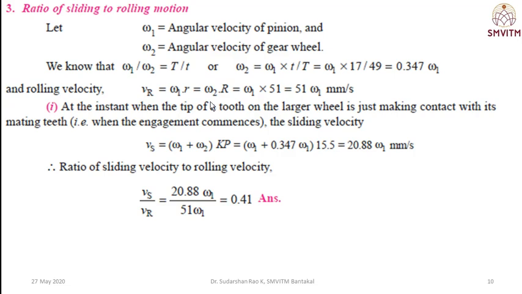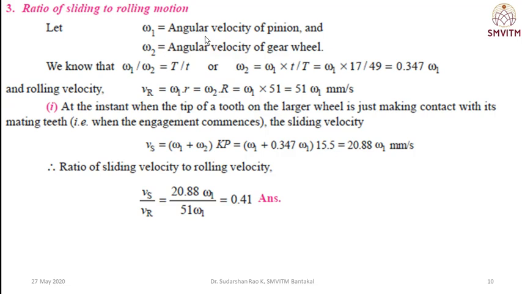Then the ratio of the sliding to rolling velocity. Since the speed, omega 1 or omega 2, is not given, to find the sliding to rolling velocity: sliding velocity is omega 1 plus omega 2 into the length of path of contact, whereas the rolling velocity VR is the linear velocity at the pitch line, equal to omega into radius.